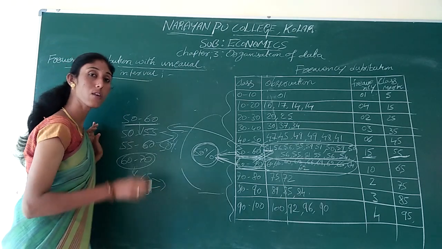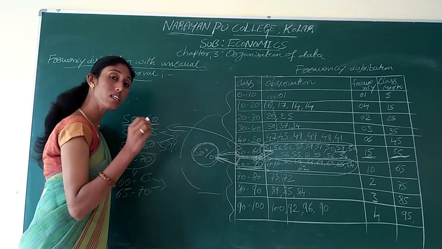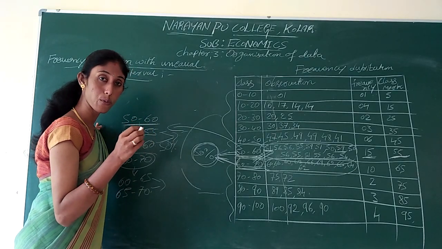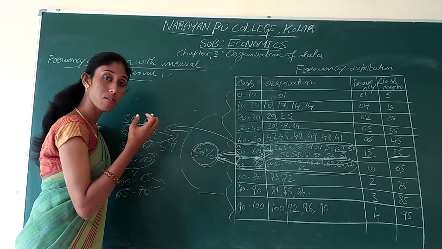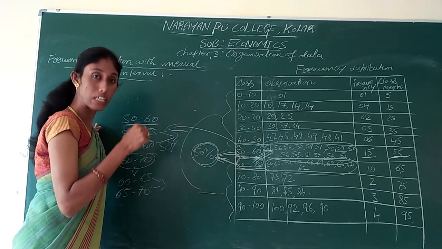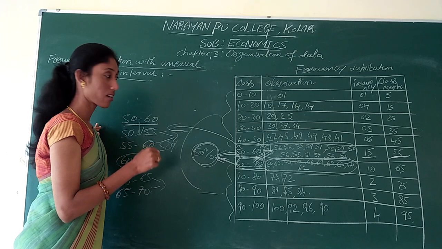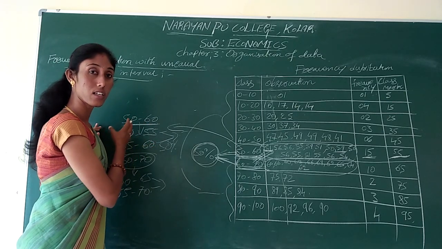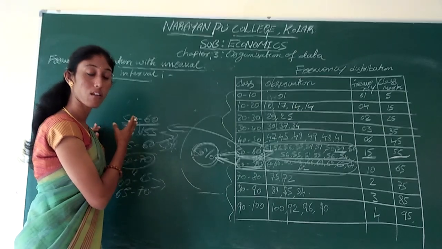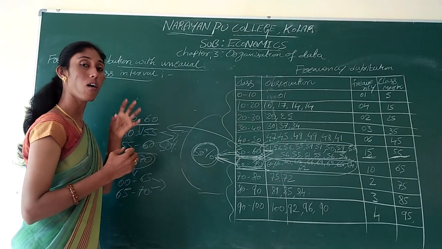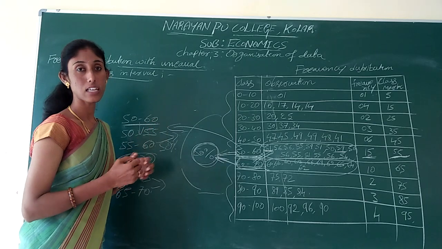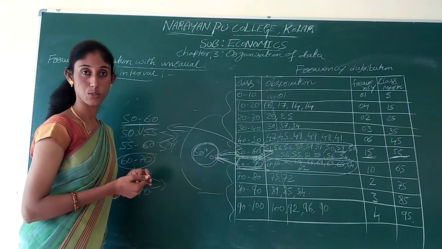In this way, we can give importance to each and every value, and we can reduce the loss of information also. That's why the frequency distribution with unequal classes is more appropriate than equal class intervals.